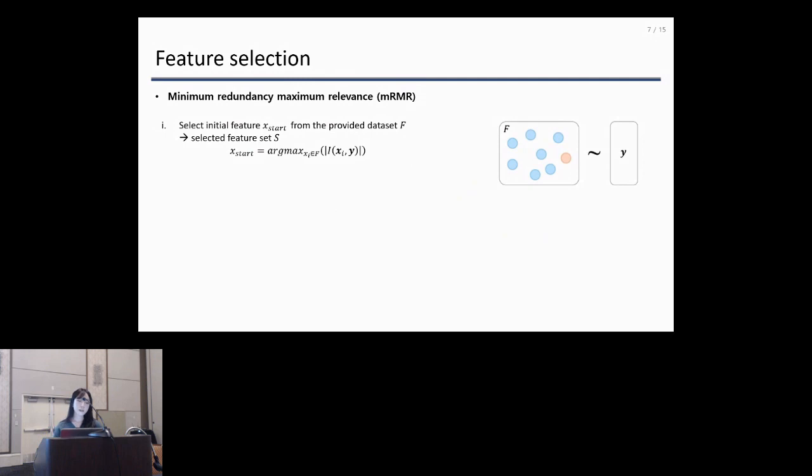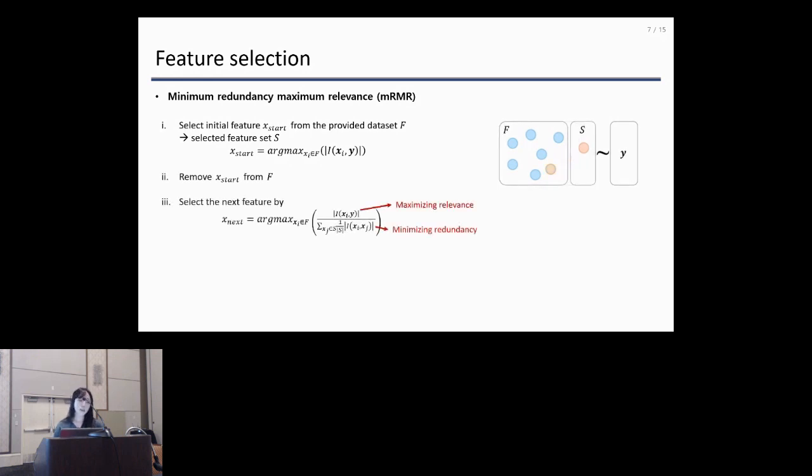Just pick the first feature, and then iteratively select the other features to have less redundancy, but to maximize the relevance between the feature sets and the Y labels. We did this until the total number of selected features was 300.